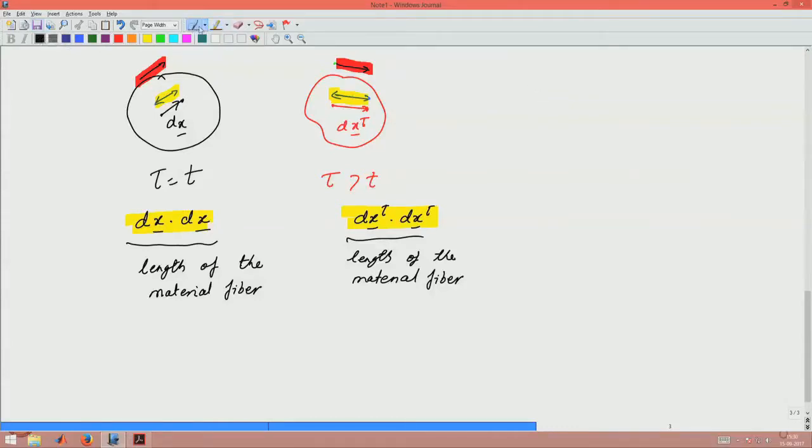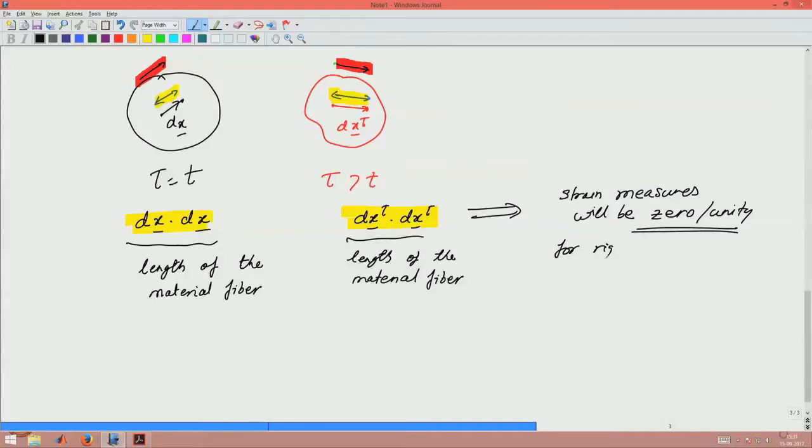So, in case we use these quantities, then we will see that the strain measures so defined will be 0 or in some cases unity, depending on which strain measure we define, for rigid body translation as well as rotation.